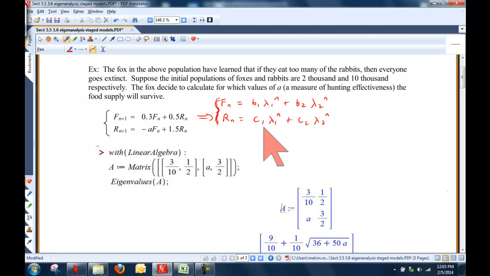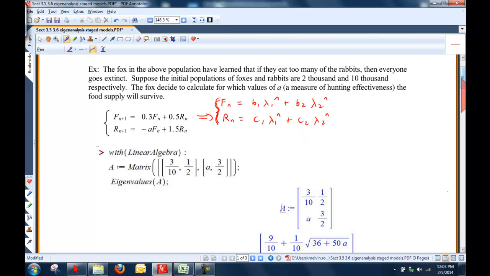And then the fox also know that if lambda is greater than 1 in magnitude, a term like this is going to explode, whereas if lambda is less than 1 in magnitude, it's going to decay to 0, indicating extinction. So all the fox really need to know are the eigenvalues.